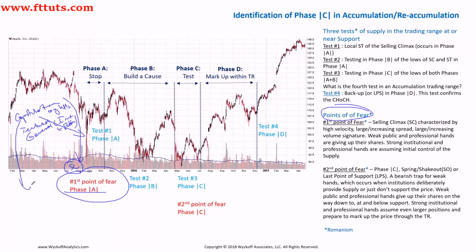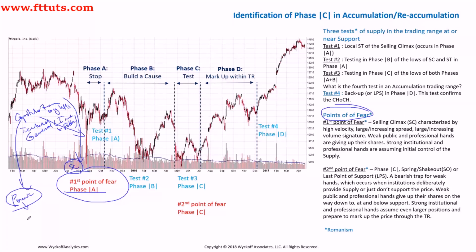And what is a capitulation? It's just basically panic. People at this point are experiencing a lot of emotional pain because of the losses, and they can't withstand this pain anymore. They're giving up on their positions, saying, get me out at any price, any time, just get me out. I cannot bear this anymore.